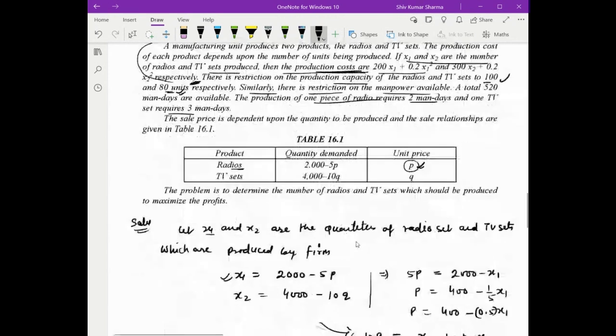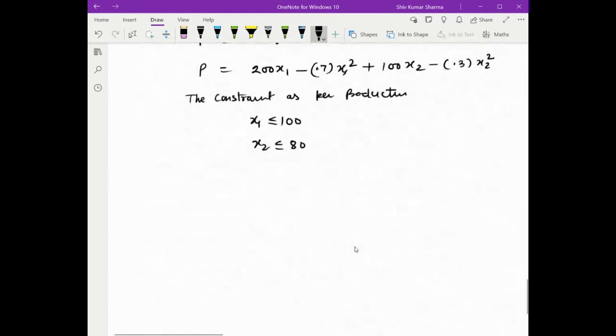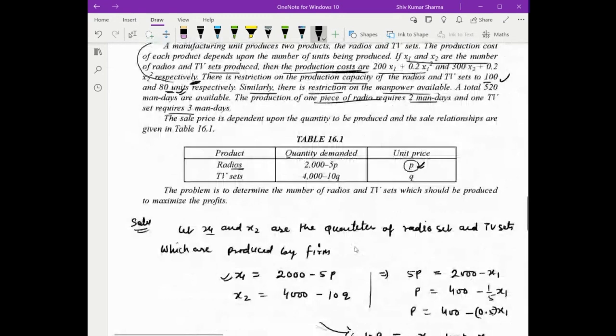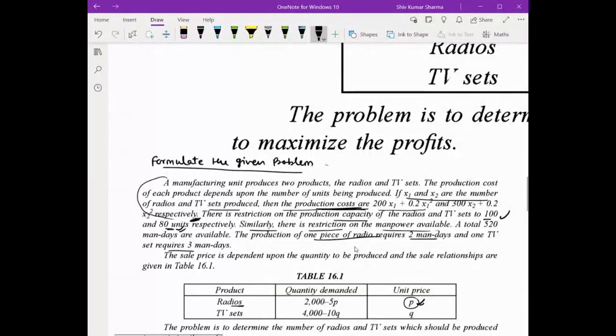So we can construct another constraint based on manpower.